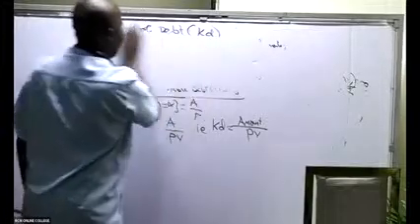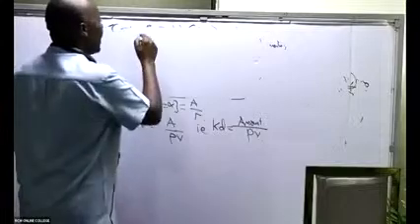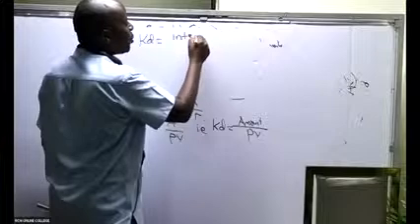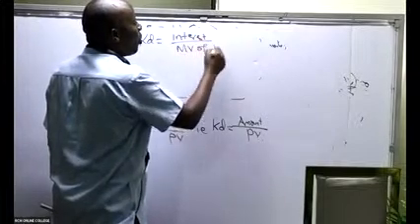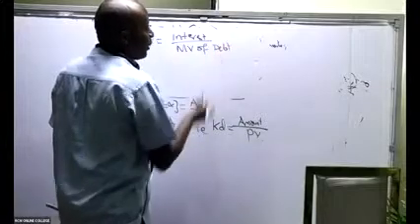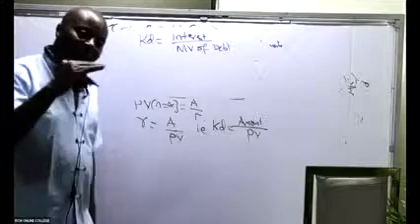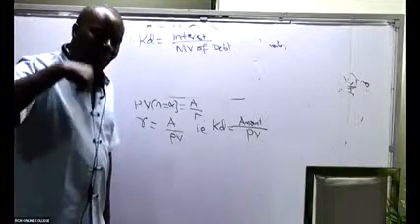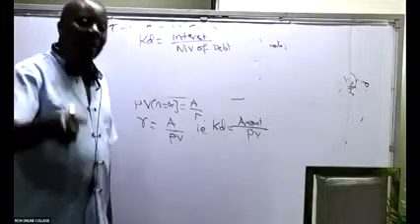When we talk about this irredeemable debt, our KD basically will be interest over market value of debt. So don't use the present value. KD will be the interest we shall be paying to these guys over what they gave us. They bought our bond instruments at some market value.